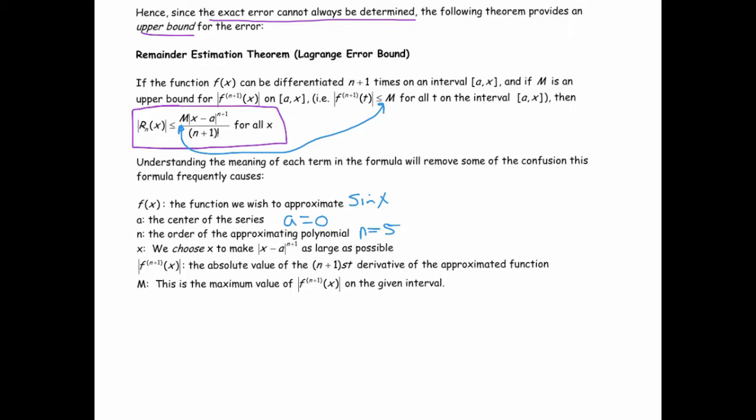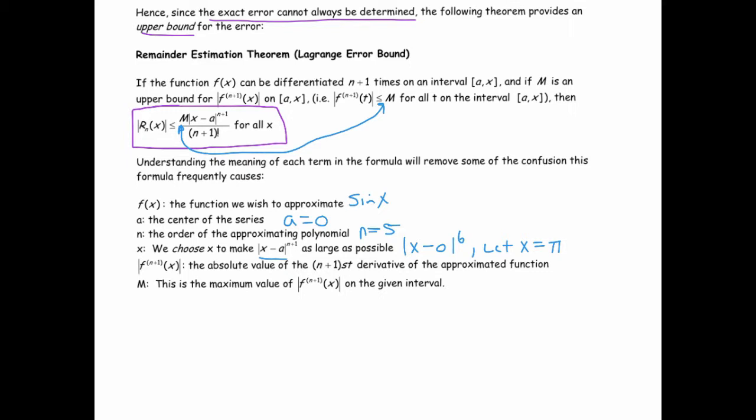So if x is pi, that's going to make this expression as big as possible, because it'll be pi minus 0 to the 6th power. So I'm just going to indicate x minus 0 to the 6th power. We want x to be pi in that case. That'll make it as big as possible.